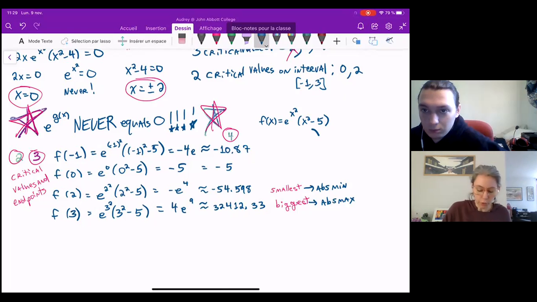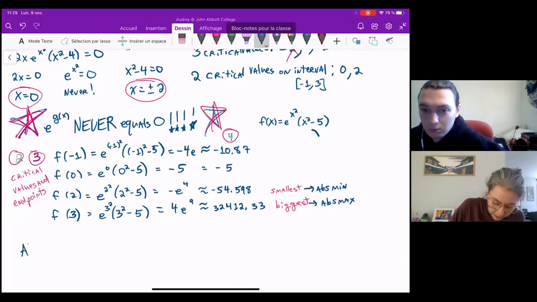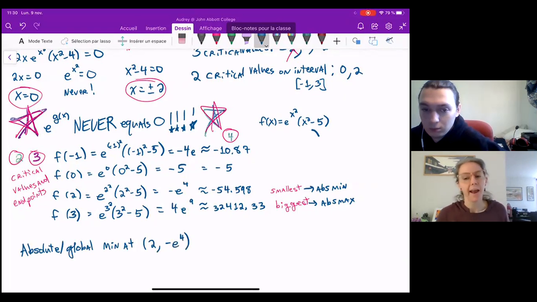Which means my conclusion here would be that there is an absolute or global, you can use whichever you want, min at 2, negative e to the 4th. And I know you guys have a lot of trouble with this. You keep losing points on your group work for it. Decimals in your final answer are not okay. So if you write 2, negative 54.598, you will lose points.